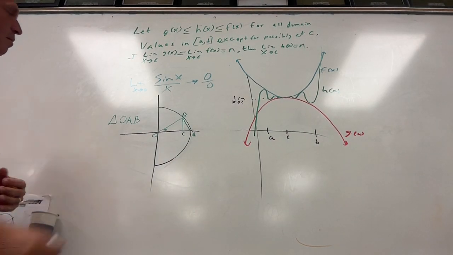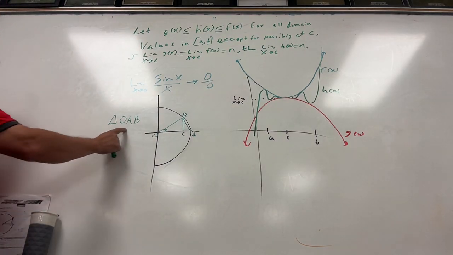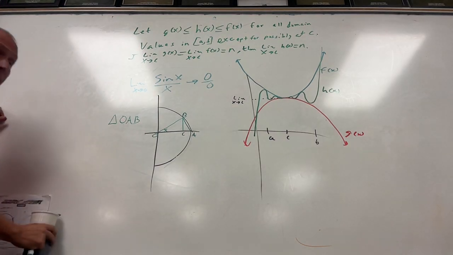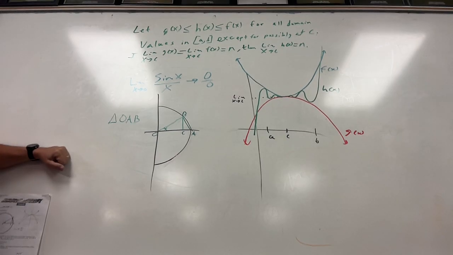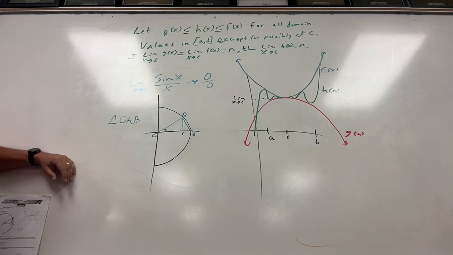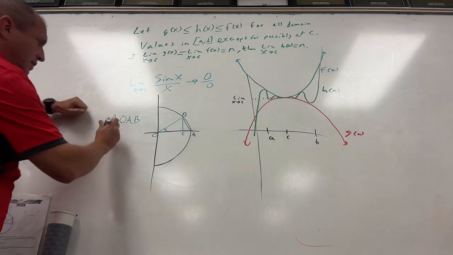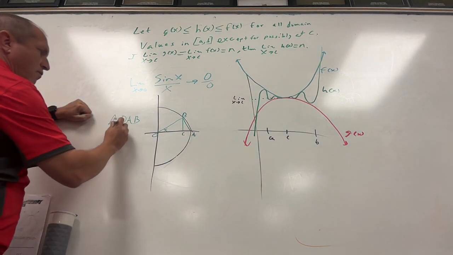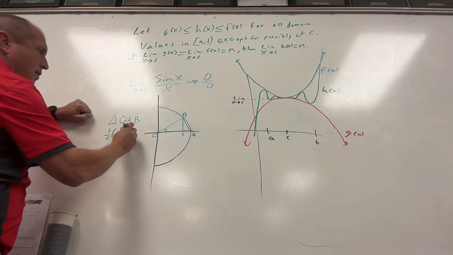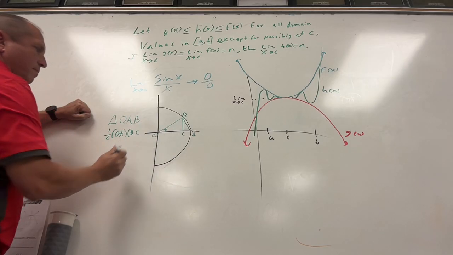Now, from this, how would I calculate the area inside of triangle OAB? What's the formula for the area inside of a triangle? Yeah, it's 1/2 base times height, which, as you said, in this case is 1/2 of OA times BC, right?